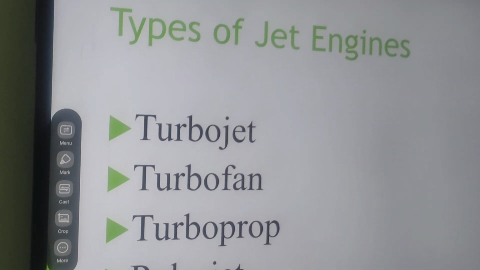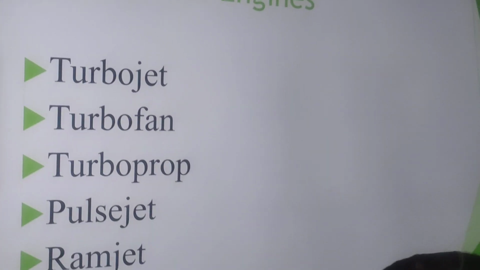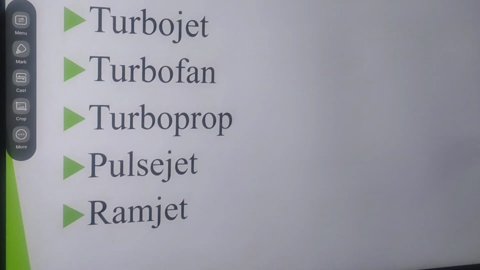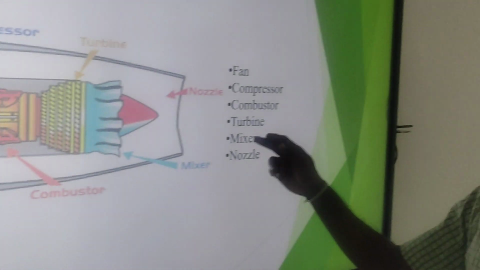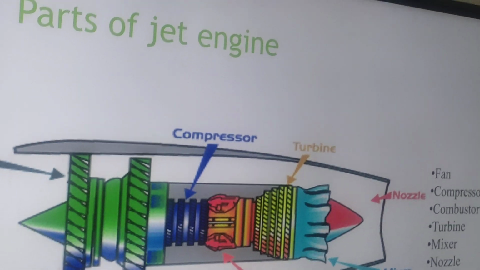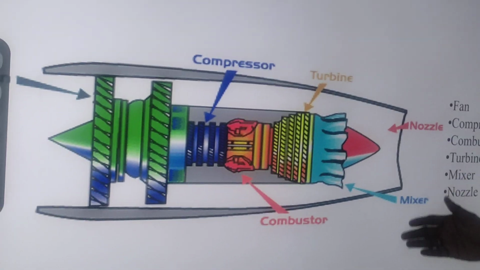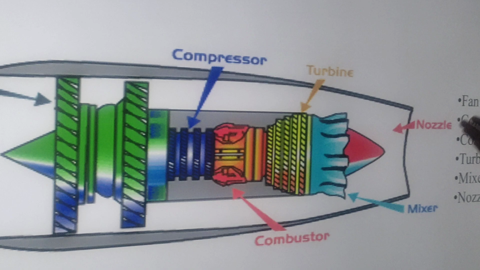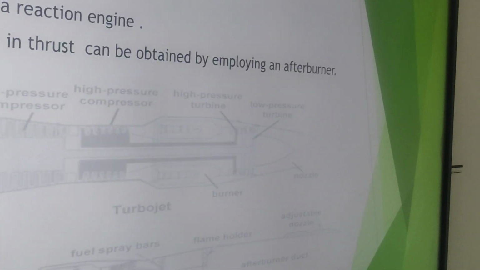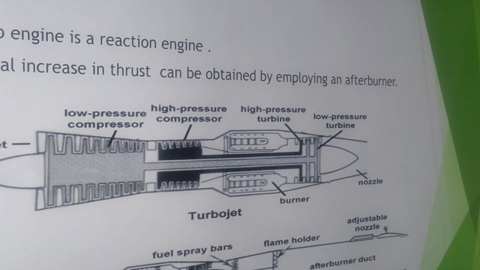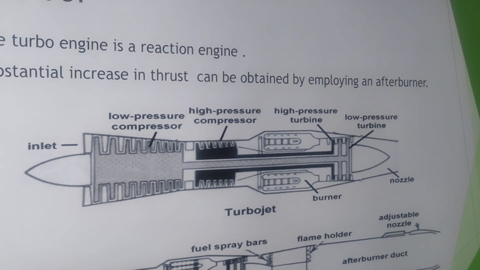The various types of jet engines are turbojet, turbofan, turboprop, pulse jet, and ramjet engines. The parts of a jet engine are the fan, compressor, combustion chamber or combustor, turbine, and nozzle. We will discuss the working principle of one engine in detail.